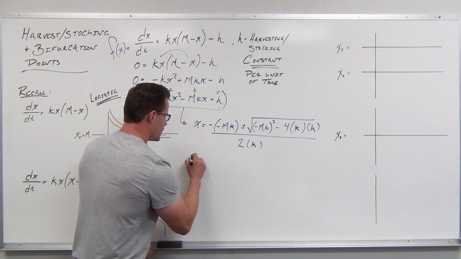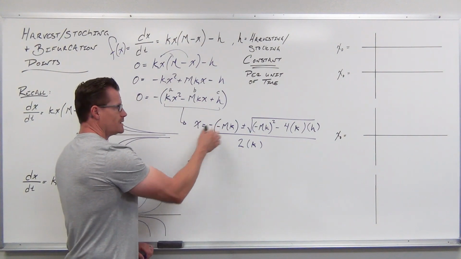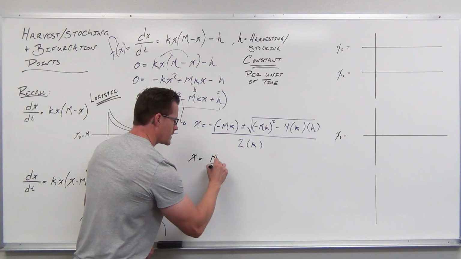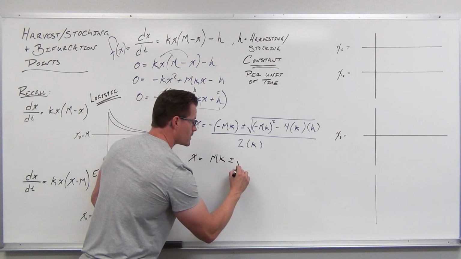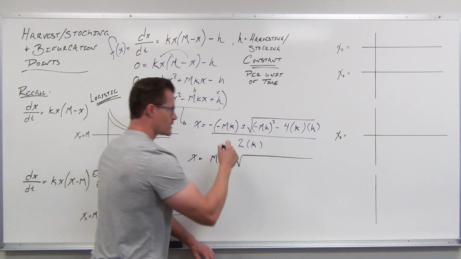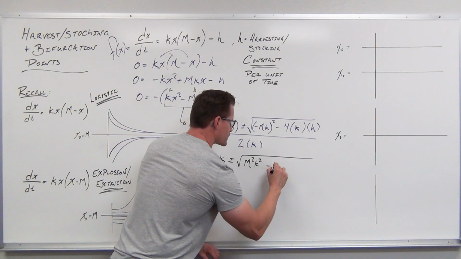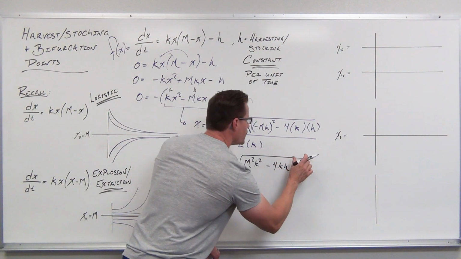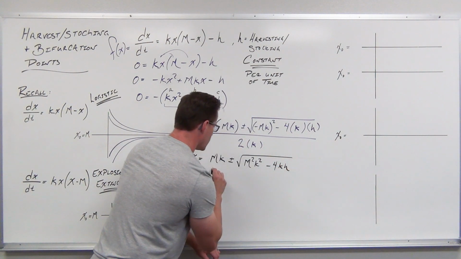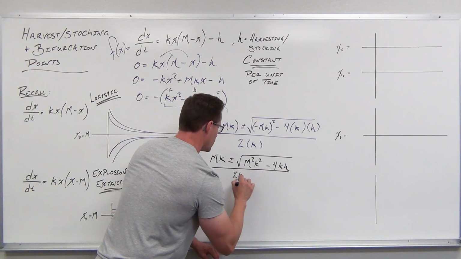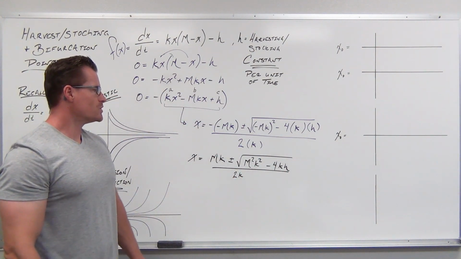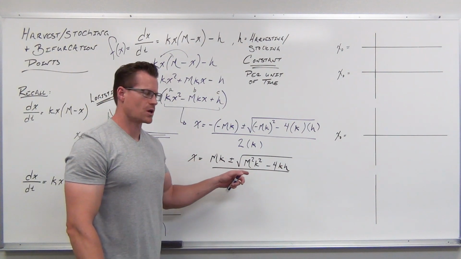So let's see, x equals negative times a negative is a positive, so we're going to get this mk plus or minus square root. We get m squared k squared minus 4kh all over 2k. We're going to do one other thing before we start talking about it.